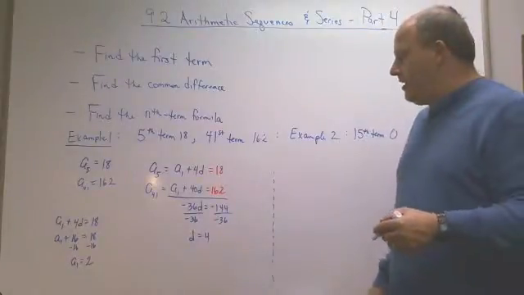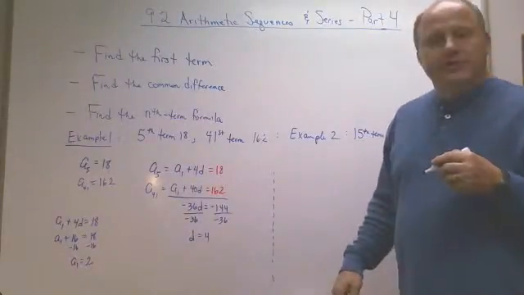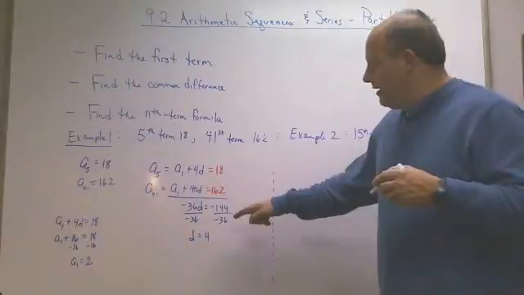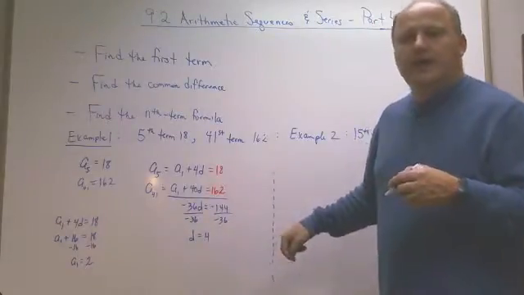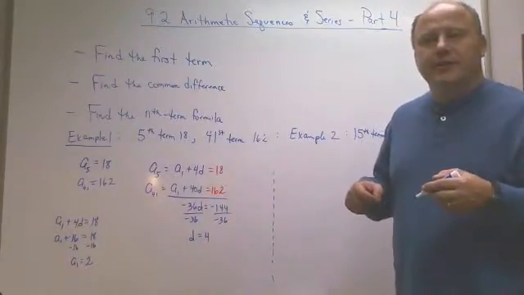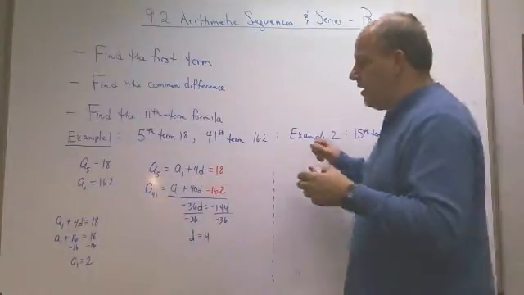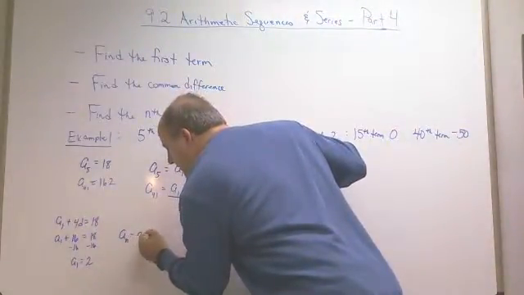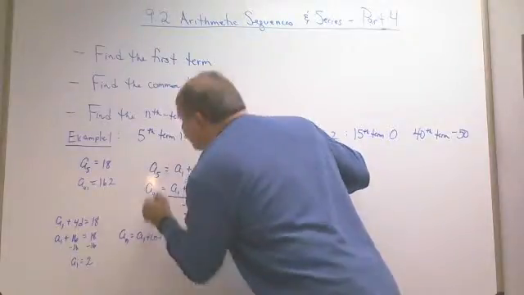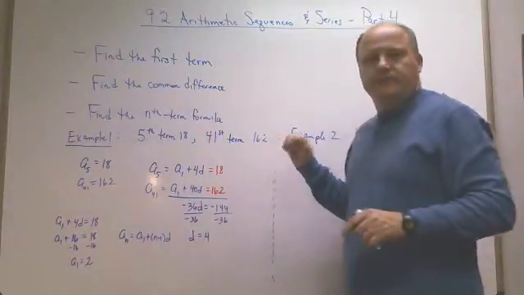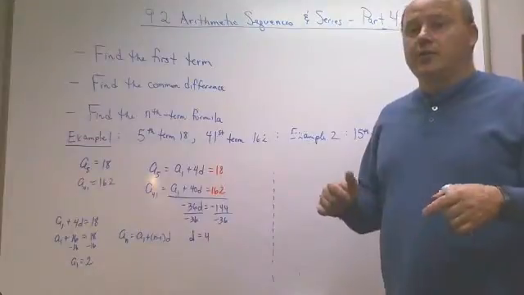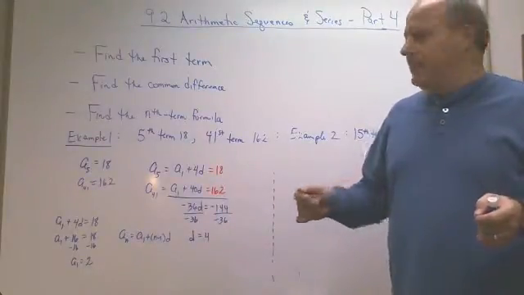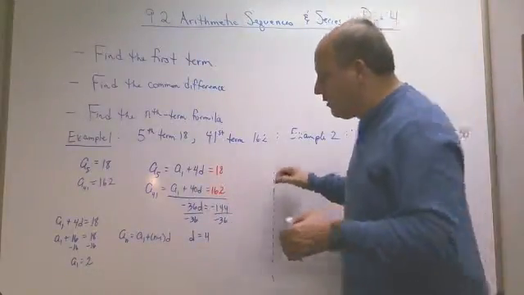So now that I know the first term is 2 and the difference is 4, I can answer any of your questions you want to know. So a sub n equals a sub 1 plus n minus 1 times d. And that's going to be your third question. So if you want to know the 200th term, I'll be able to find it for you now because I will just plug those into the formula.